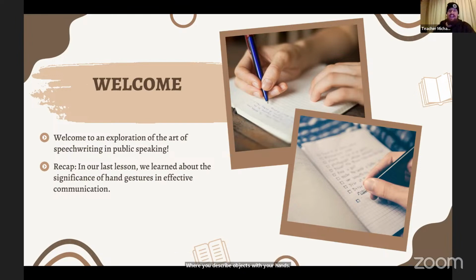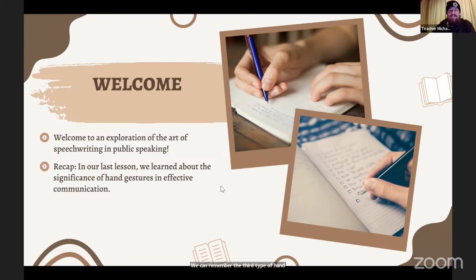We also had hand gestures where we could describe an item, for example if you were holding a baby, or describe an action, like if you were running somewhere. Who can remember the 3rd type of hand gestures?